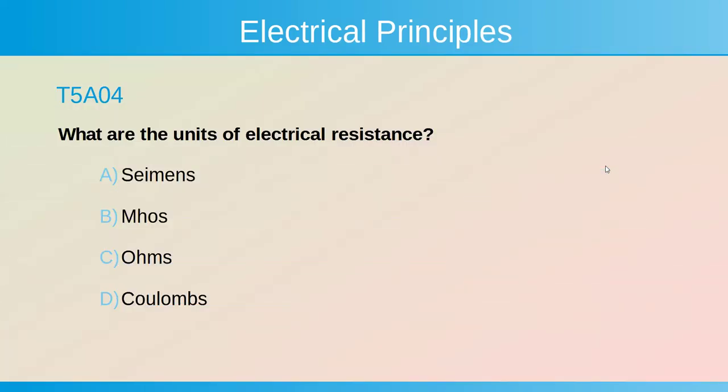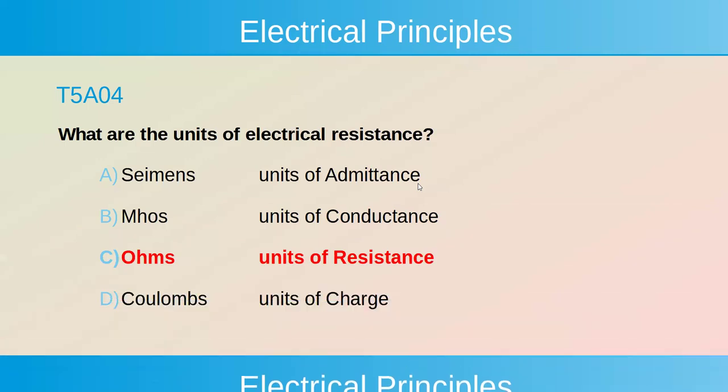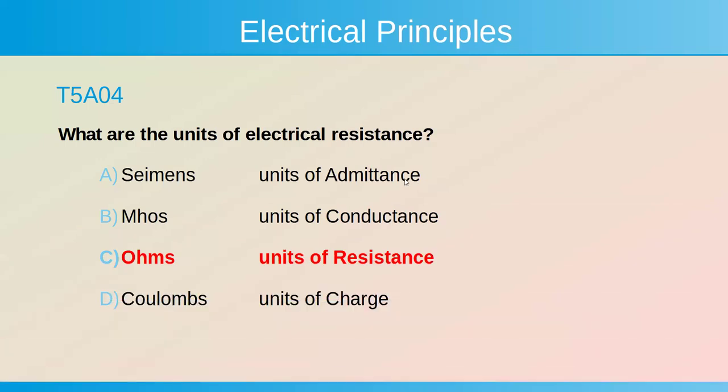What are the units of electrical resistance? Ohms. Would that be Charlie? Charlie. They put Siemens in there, which you'll never get to in the technician exam.